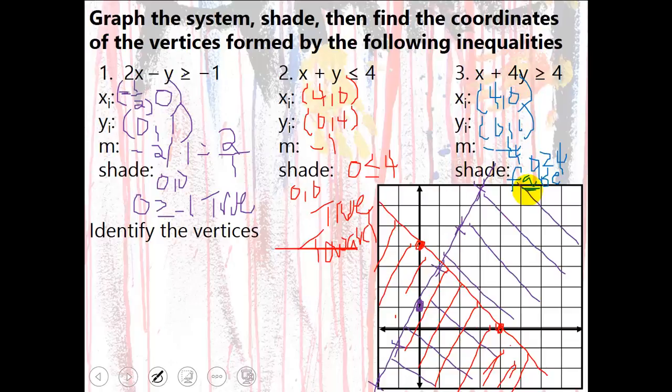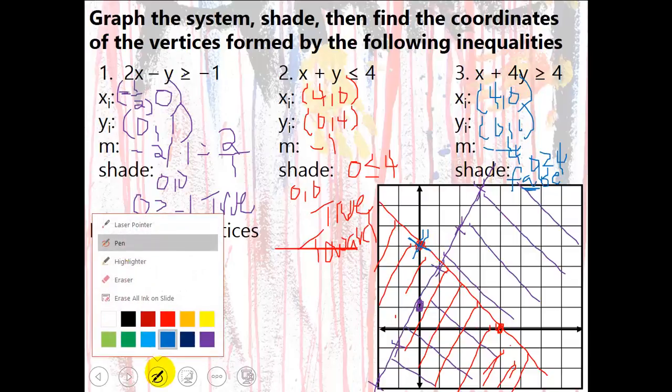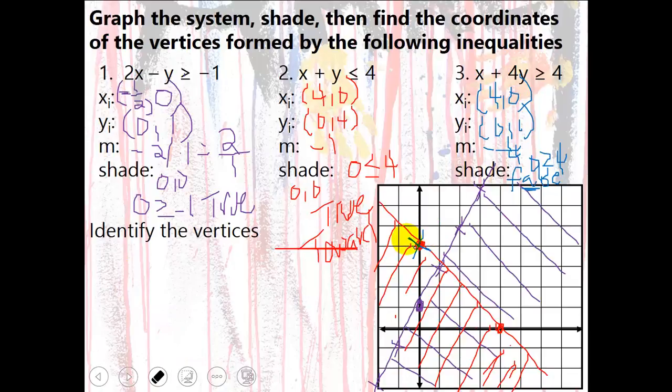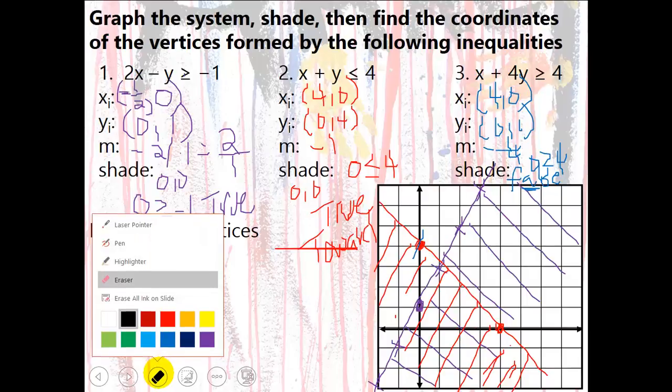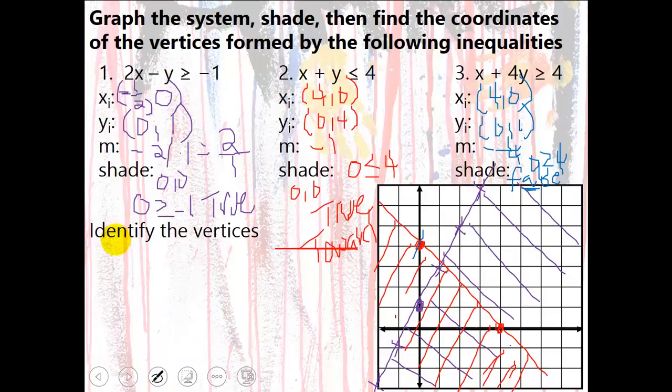So I have 4, 0, oh sorry, my bad, I'm tired, that's not right. 4, 0 is on the other axis there. Here's 4, 0, and then I have 0, 1, and then it's a solid line between them, and then I have to shade away. So I'm going to be in here, right?